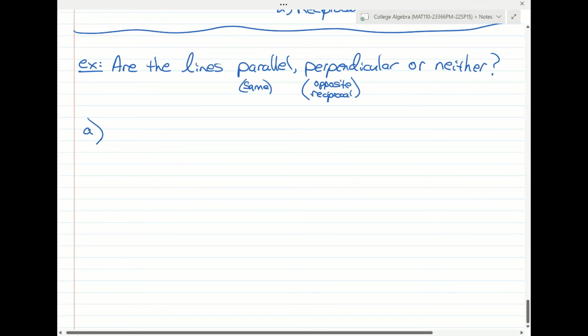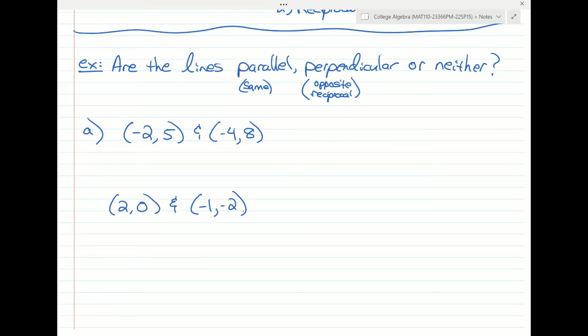What about if we had points -2, 5, -4, 8, and then we also had 2, 0, and -1, -2. We have 2 lines.